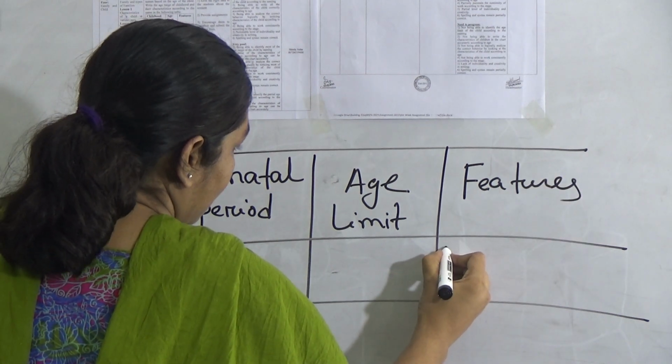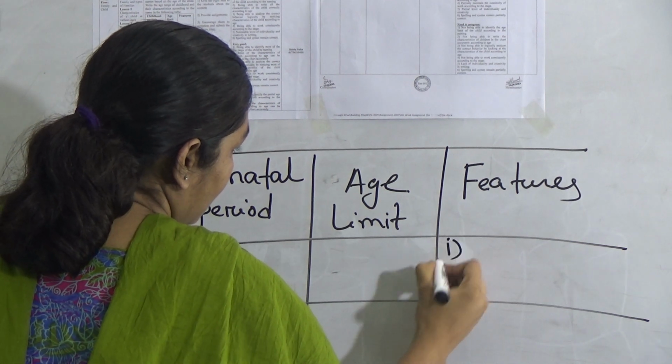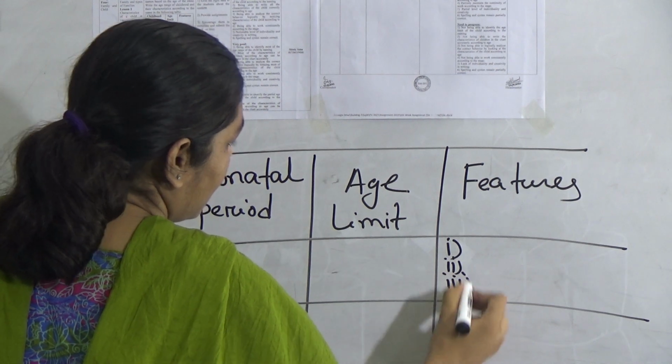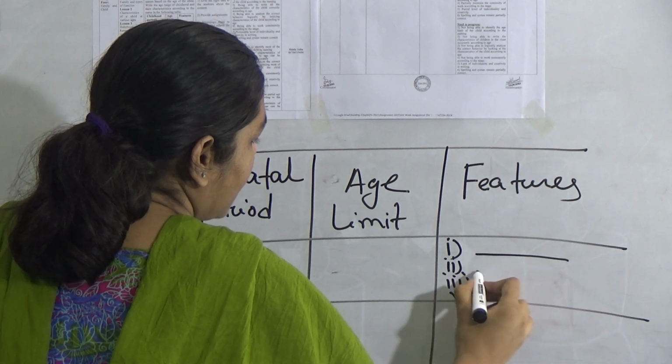And here some features, at least 4 or 5. That means 1, 2, 3, 4, like this. You can write in a sentence or in points.